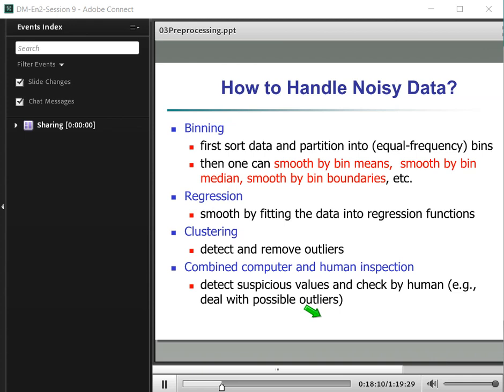Maybe this removes some noise, and maybe it makes some errors, but most of the time this is smoothing, and replacing a value with the mean, the median, or a lower bound or upper bound in a bin is a good option.